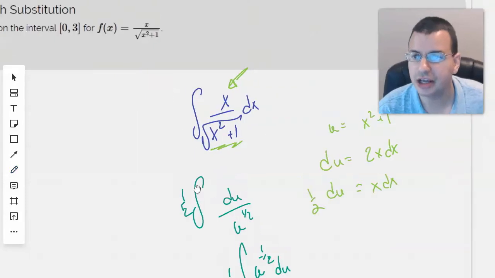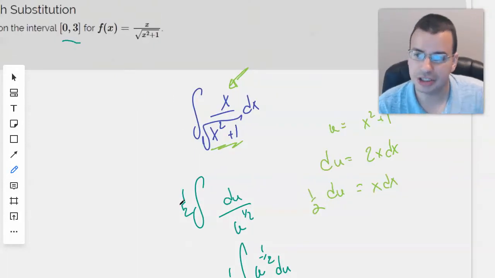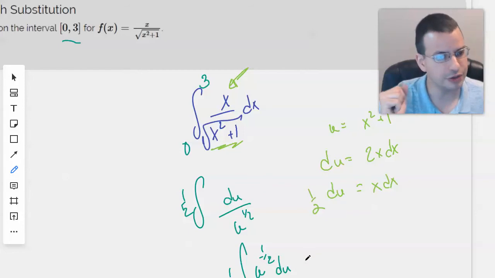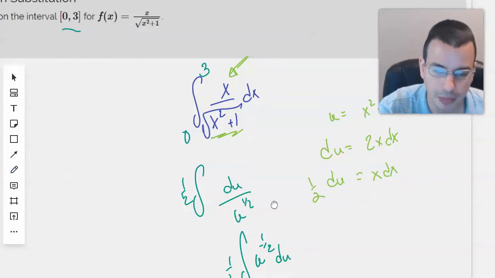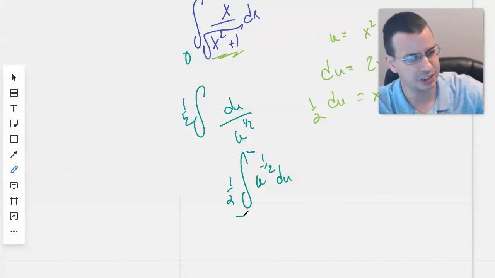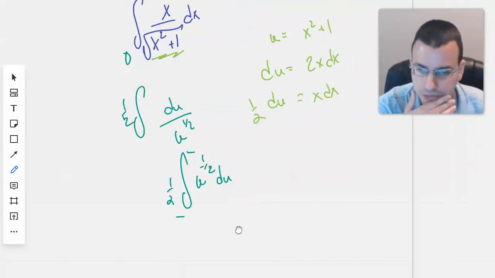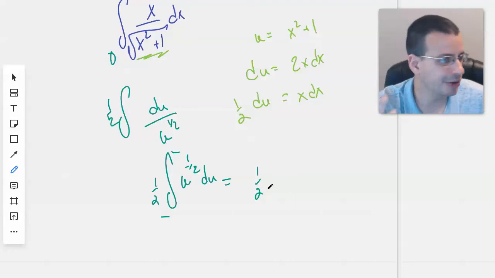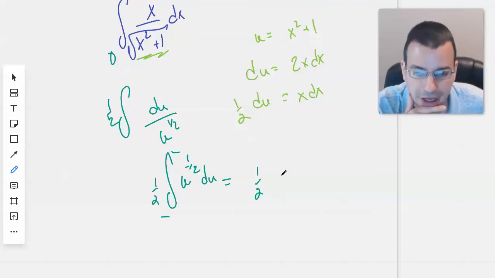Now there are limits to this, so this will be from 0 to 3. When we substitute in for u, we're going to get something different. That's why I leave the limits of integration blank, then go back to x and solve it for x. It's usually easier for me to keep everything straight that way. You can do it how you feel, though.